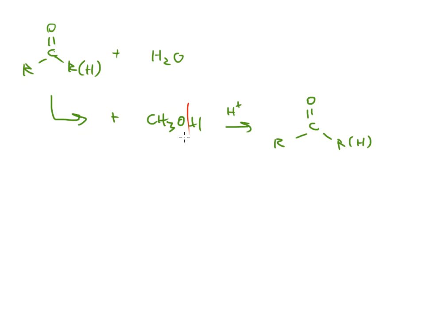Those are our two pieces, just like H and the OH that was prior. So the nucleophile, the negative containing piece, is the OCH3, and the OCH3 is going to go there.